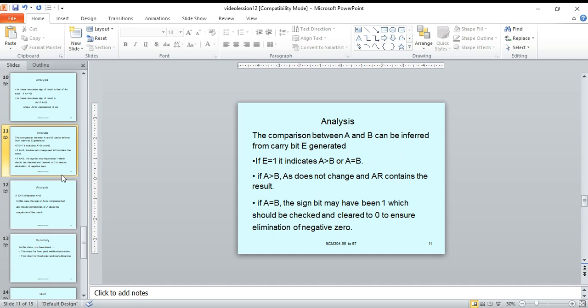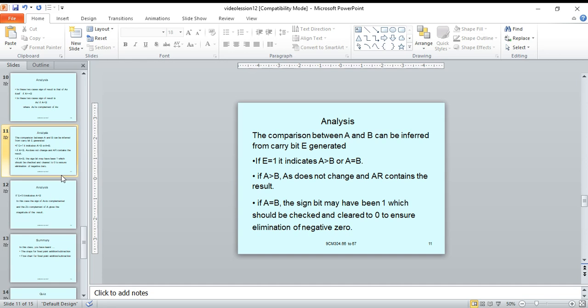The comparison between A and B can be inferred from the carry bit that is generated. If E equal to 1, it indicates that A is greater than B or A equal to B. If A is greater than B, AS does not change and AR contains the result.